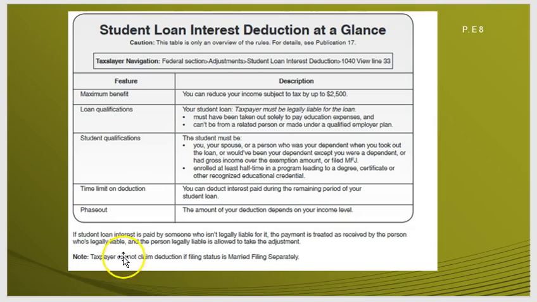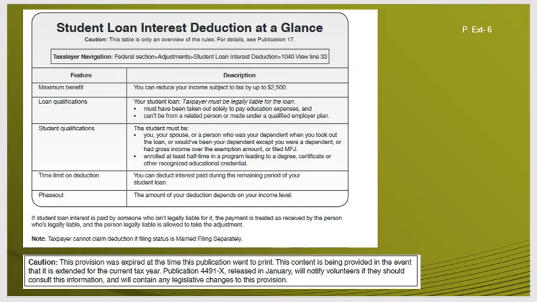Also, taxpayers cannot claim this deduction if filing status is married filing separately. We have a number of things that married filing separate taxpayers are not allowed to participate in, and this is one of those things. Now, this information is found on EXT 6, page 6, which is the extender section of your 4012.